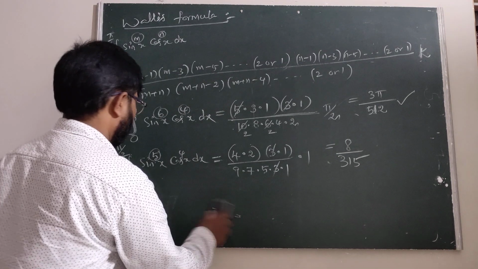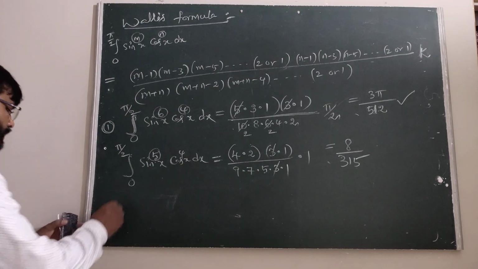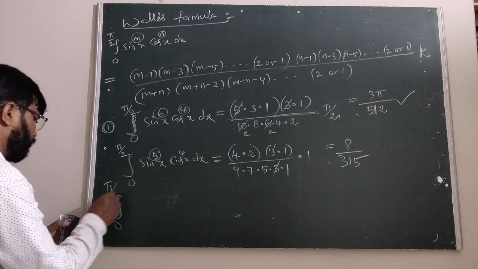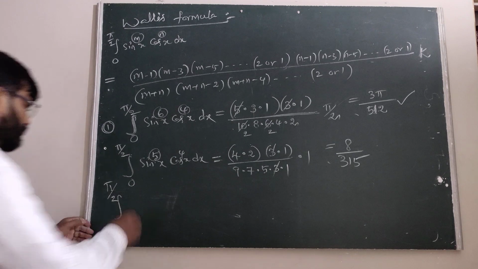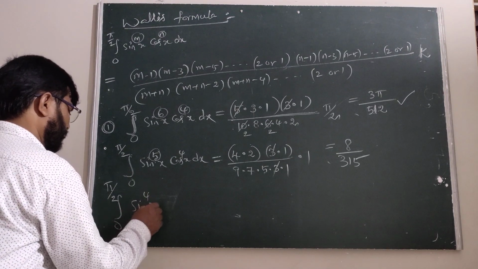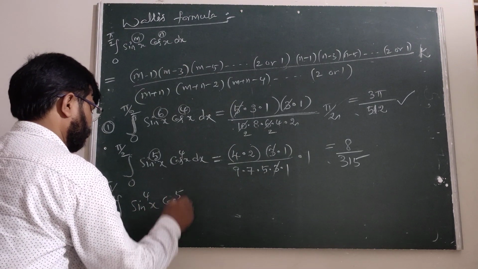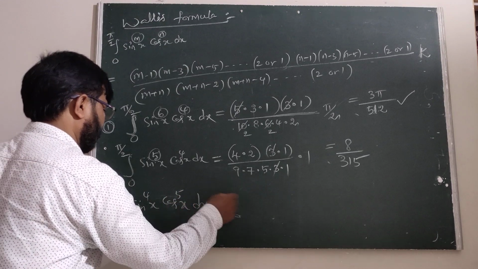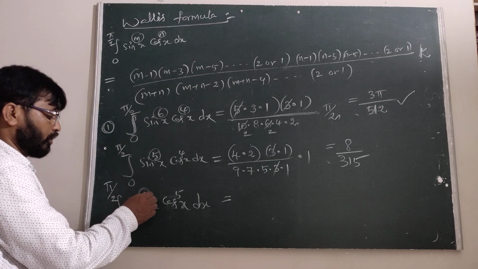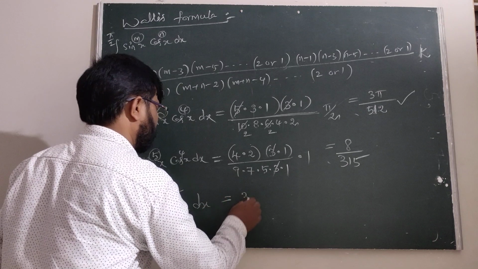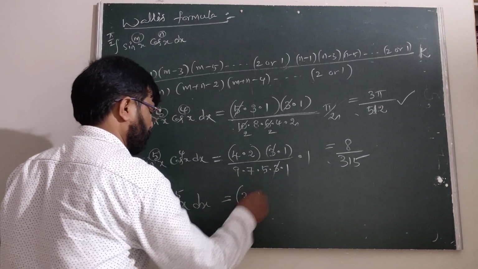Now another one: the integral from 0 to pi by 2 of sin^4 x cos^5 x dx. How do we write this? All of you listen here. 4 minus 1 is 3, and 3 minus 2 is 1.